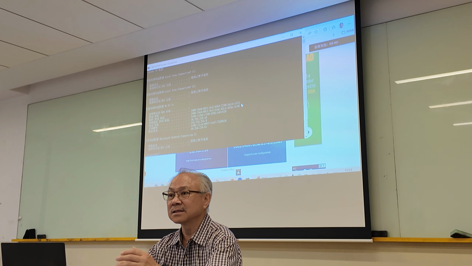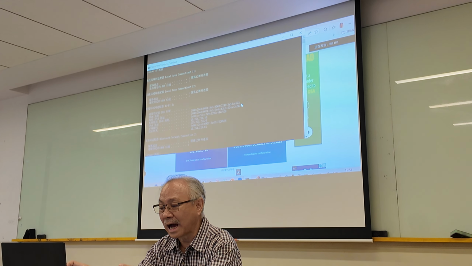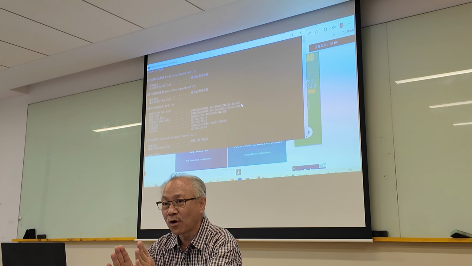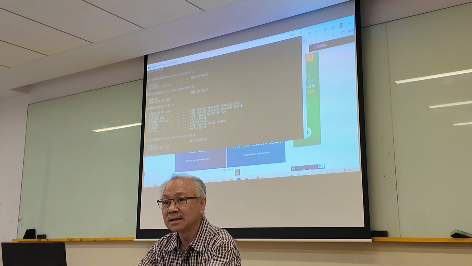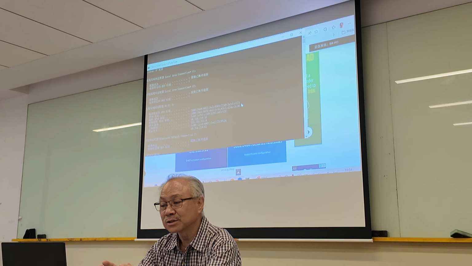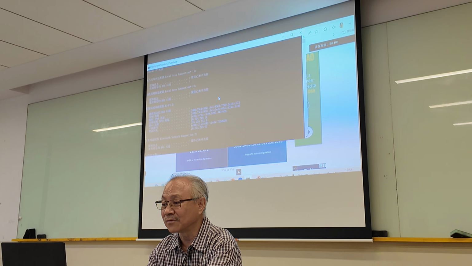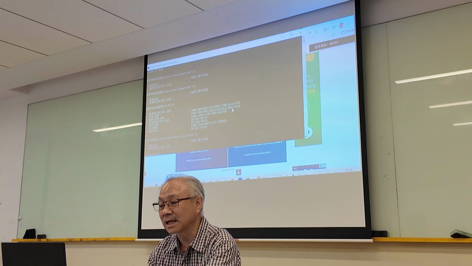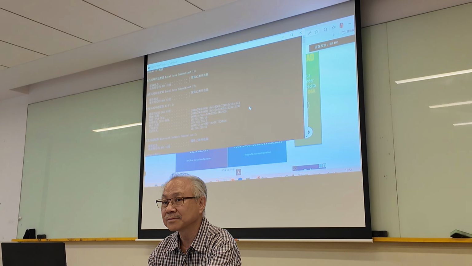They normalize the whole IP stack. We call it the IP stack, V4 and V6. So that's why you can see all the V6 addresses are there. These are the V6 addresses.